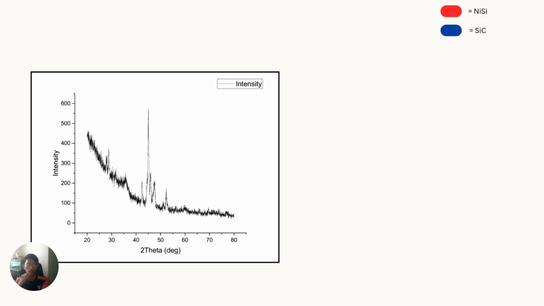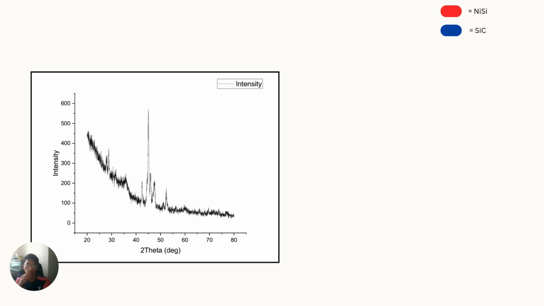Next, from the graph that we justified just now, where we found the peaks for NiSi and SiC, we can work on the lattice constant. For searching the lattice constant, which is a significant thing in a compound structure, we must find some peaks, 2 theta, and the plane orientation.